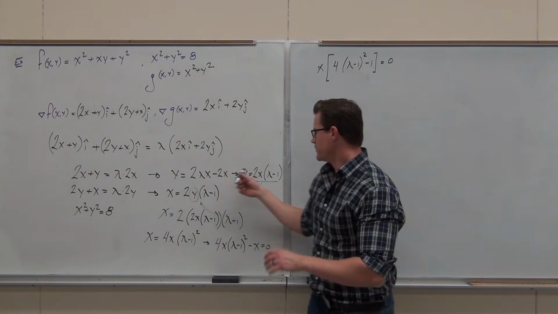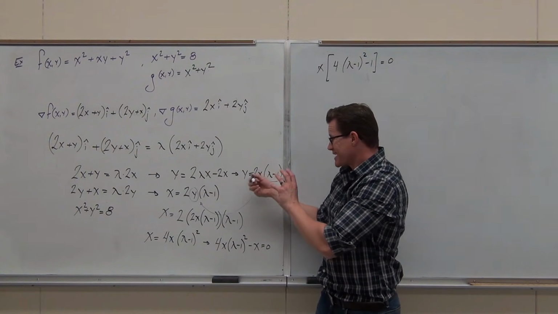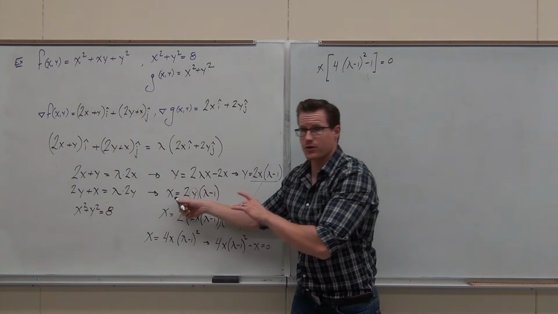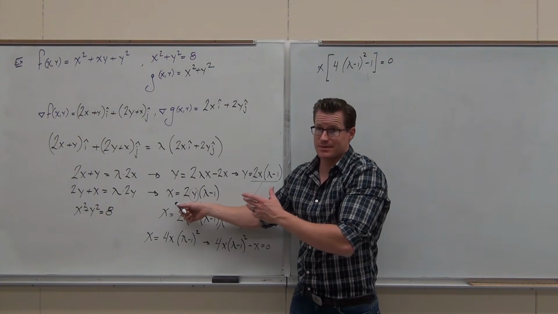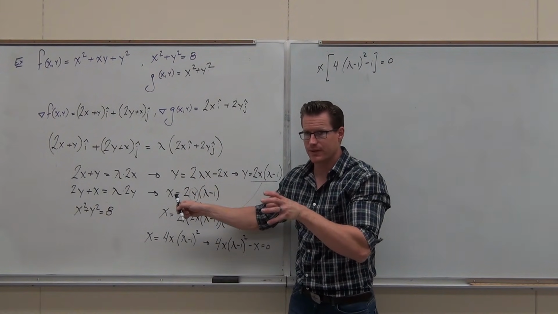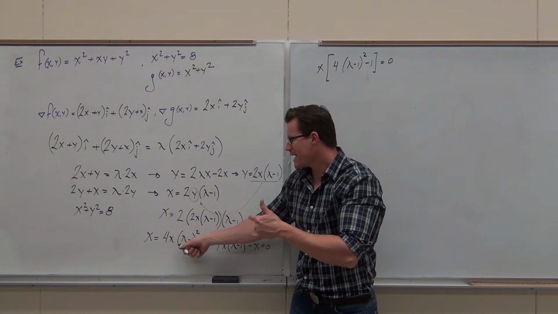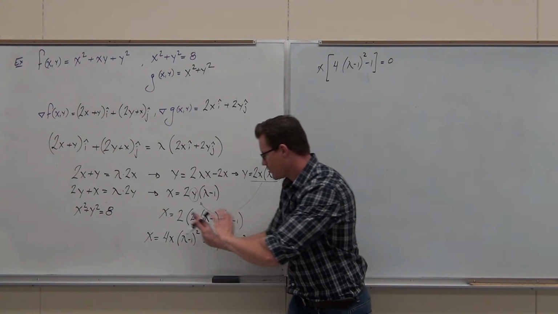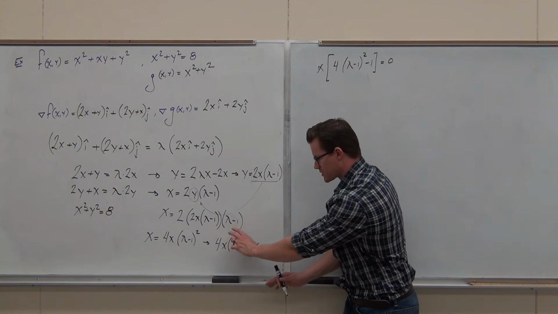Listen, I do want to move fast, but I don't want to leave you behind algebraically. Are you guys okay on it? It's a horrible substitution, but it's kind of a basic substitution. Solving for y, substitute in after you solve for x. You guys get that? That's a system. You can do it. Our goal is to solve for lambda. Now, I still have some x's in here, so I'm going to distribute and get everything on one side. So 4x(lambda minus 1) squared minus x.